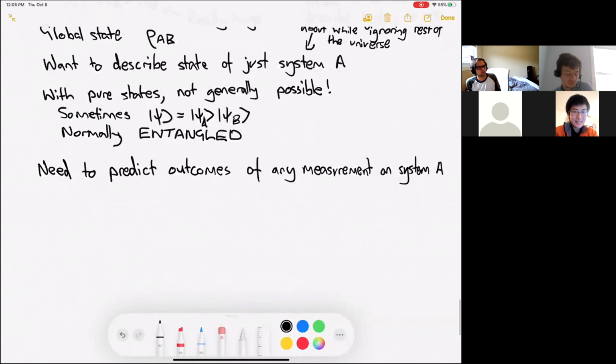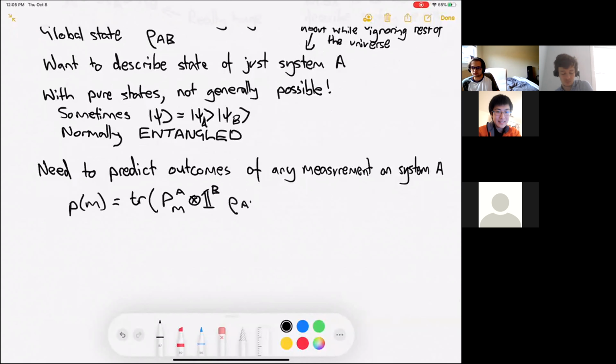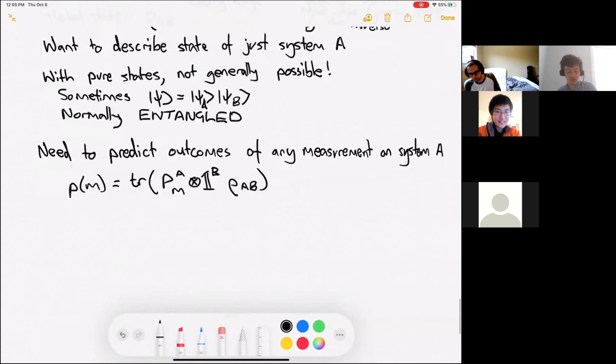Well, the probability of getting some outcome M is just the trace of some projector P_M that acts only on system A, tensored with the identity on system B, times rho_AB. Okay, that's just the usual formalism for density matrices for doing measurements that we introduced earlier in the lecture.